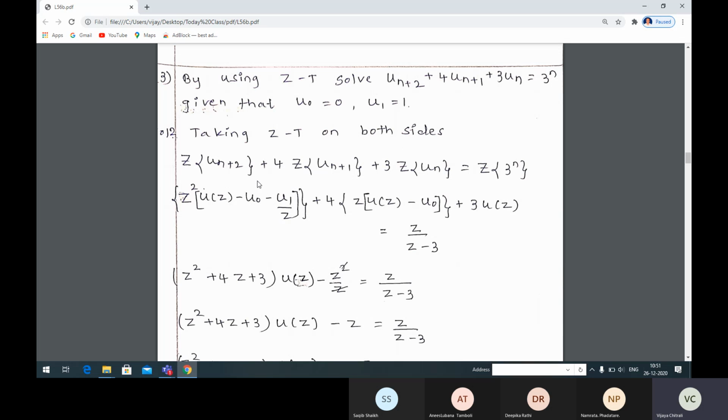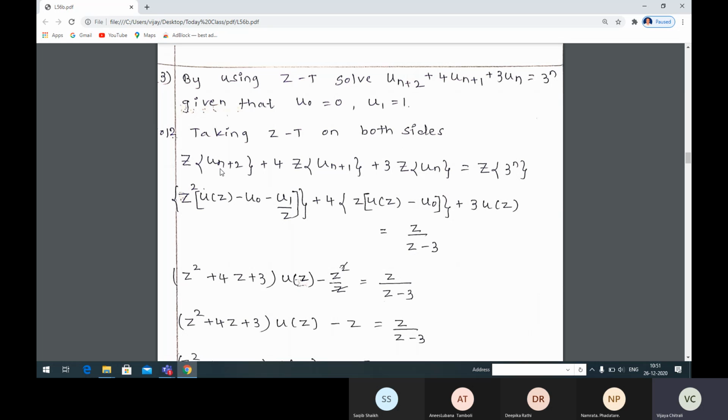So z transform of u suffix n plus 2 plus 4 z transform of u suffix n plus 1 plus 3 z transform of u n is equal to z transform of 3 raised to n. We know what is z transform of a raised to n. So z transform of a raised to n is z divided by z minus a. So in place of a we have 3. So here the right hand side will be z divided by z minus 3, right?